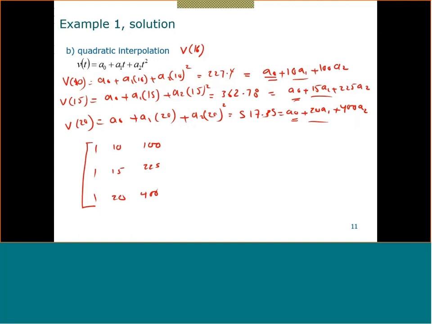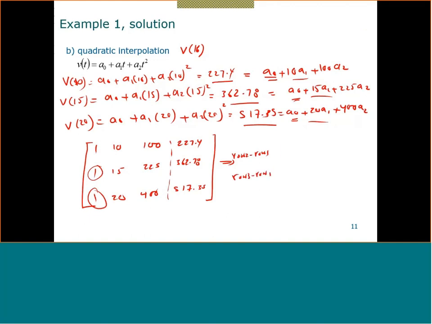And this is now the output that we have, which is 227.4, 362.78, 517.35. Now we will first eliminate these two. So I will subtract row 2 minus row 1, and row 3 minus row 1.